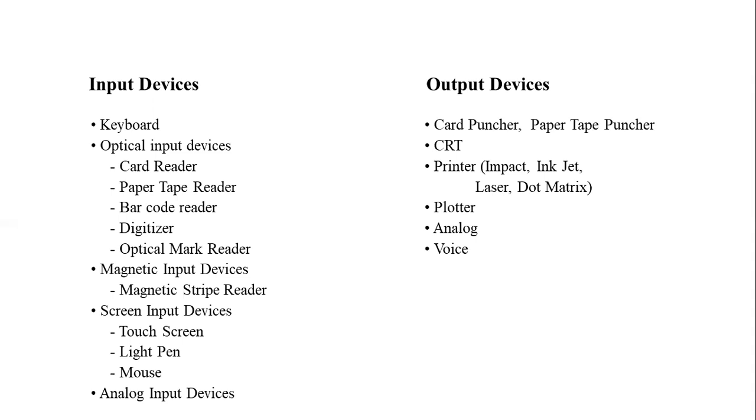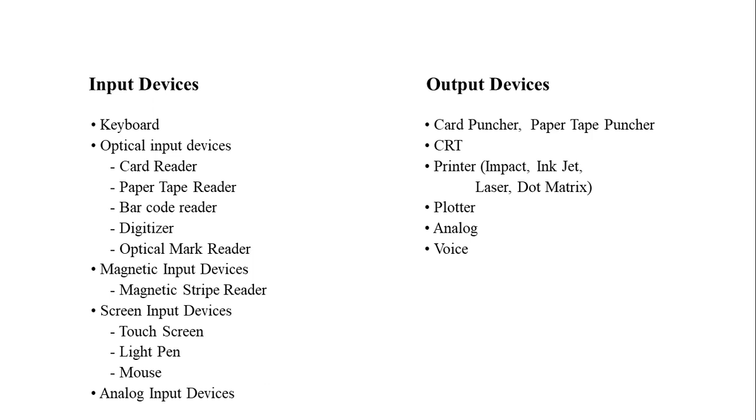Input devices: the keyboard, optical input devices, card reader, paper reader, magnetic input devices, screen input devices, analog input devices. On the other side you can see the output devices: card puncher, paper tape puncher, CRT, printer, impact.